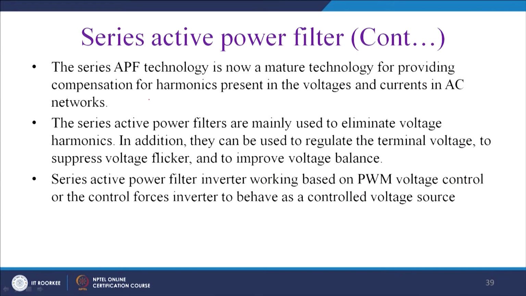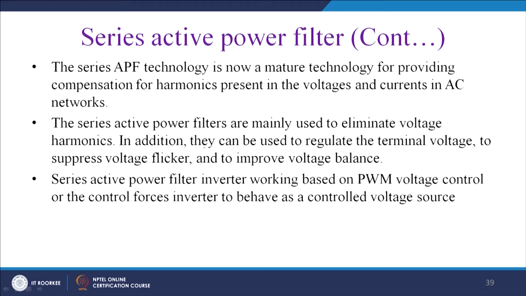So, the series APF, active power filter, is known as a mature technology for providing compensation for harmonics present in the voltage and current in the AC networks. The series active filters are mainly used to eliminate voltage harmonics.